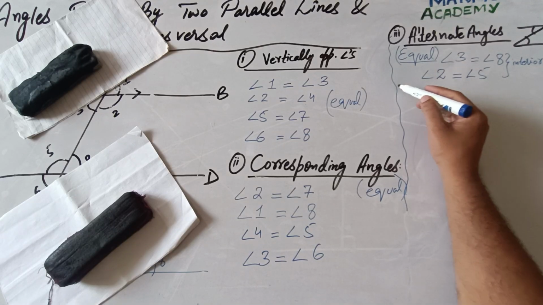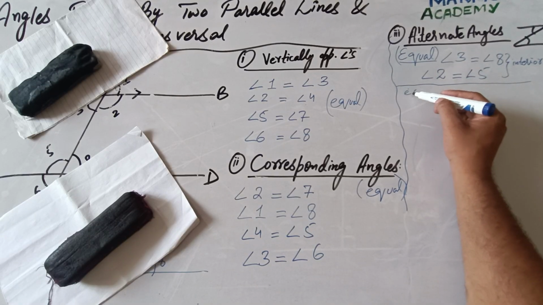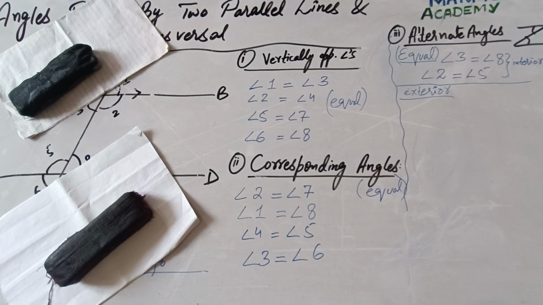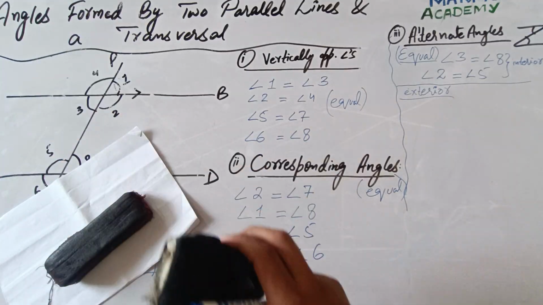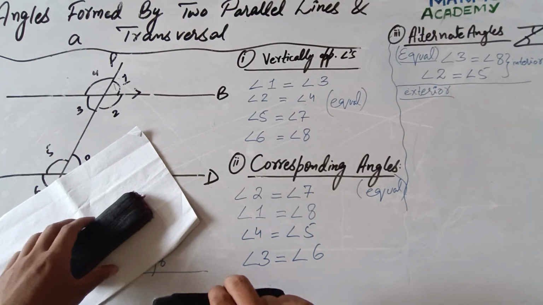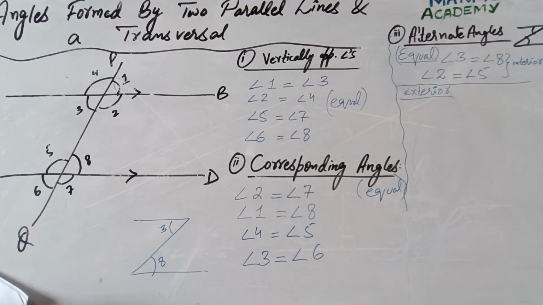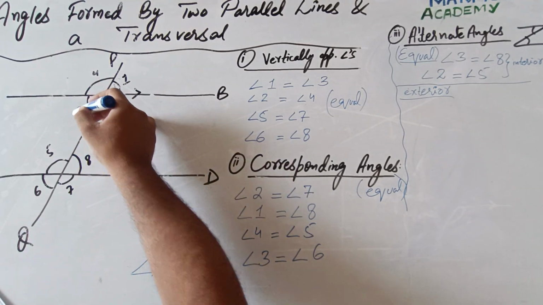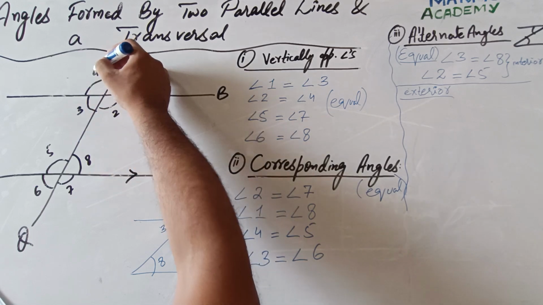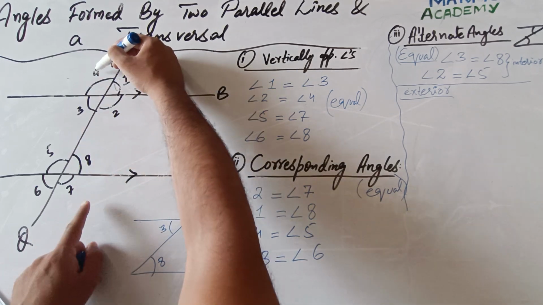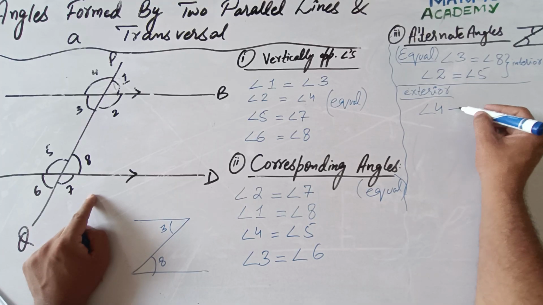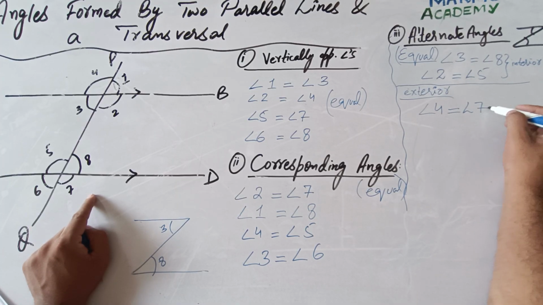So does an alternate exterior angle exist as well? Yes, alternate exterior angles also exist on the outer sides of the line of the letter Z. Now if these two angles are alternate interior angles, it means that angle 4 and angle 7 are alternate exterior angles, and they are also equal to each other.